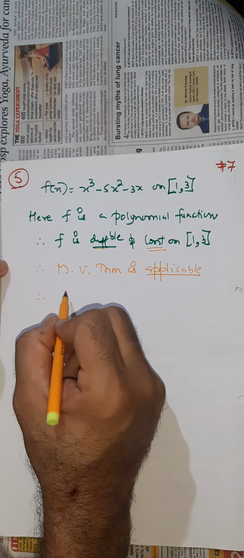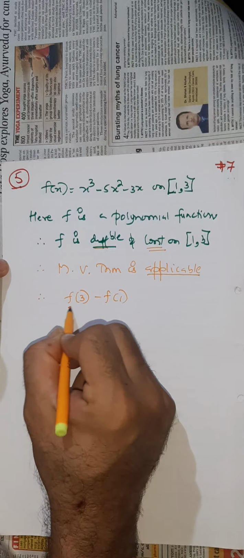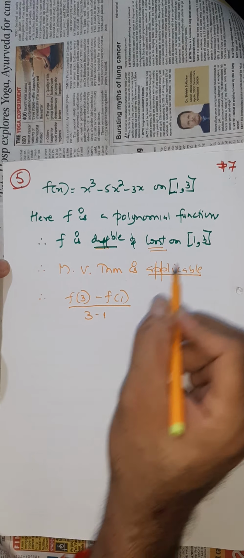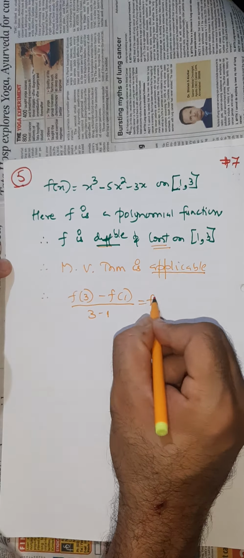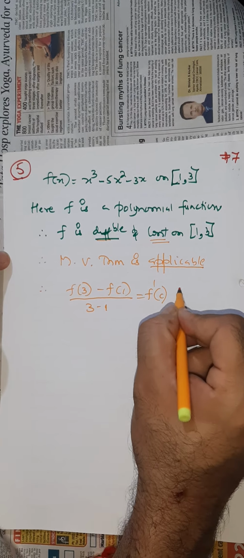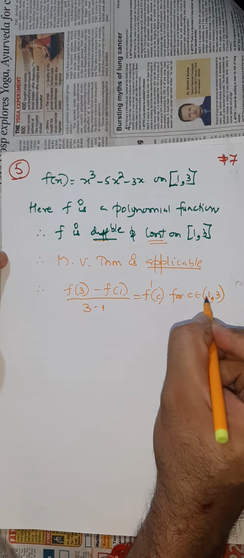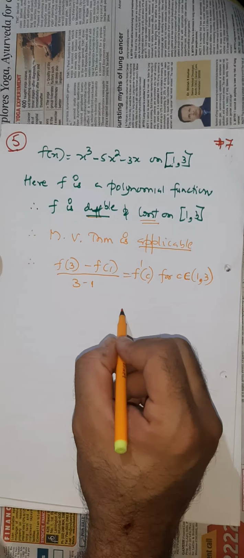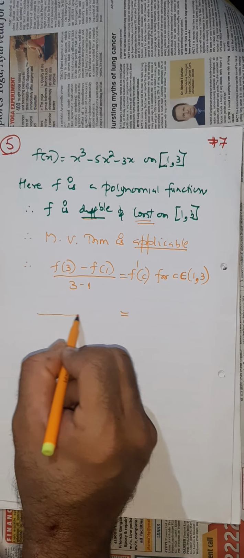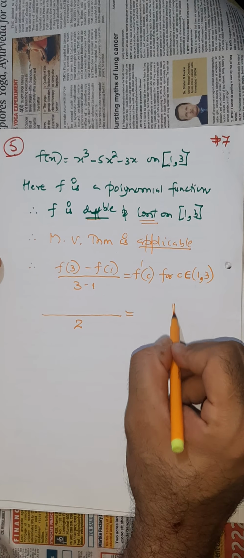So therefore f of 3 minus f of 1 upon 3 minus 1, that is f of b minus f of a upon b minus a, equals f dash c for c belongs to open interval 1, 2, 3. What is f dash x?